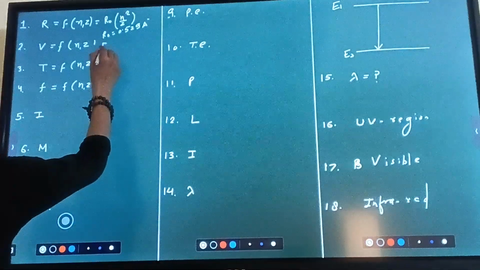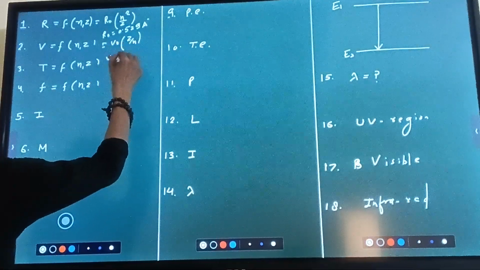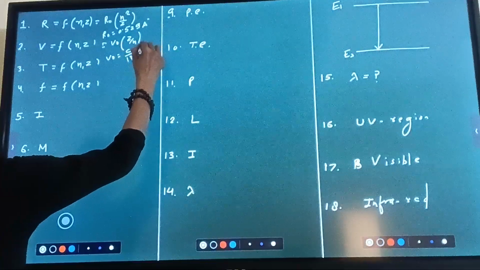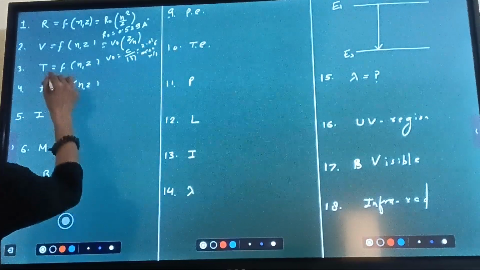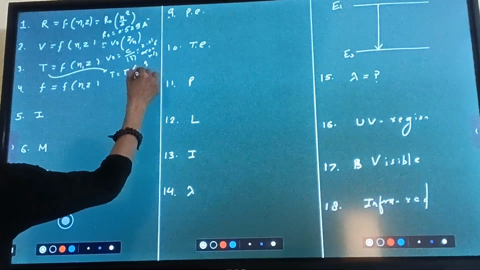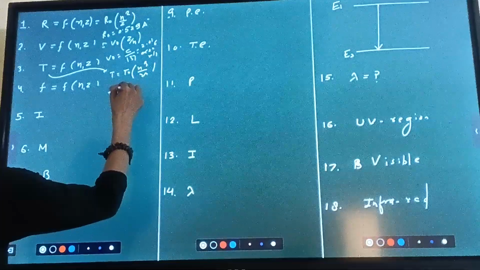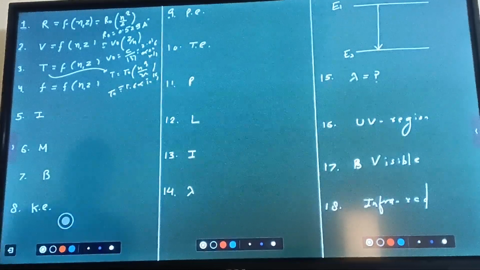So speed is v naught into z by n. V naught here is c by 137, which is equal to 2.18 into 10 to the power 6 meter per second. Then is the time. So time is equal to t naught n cube by z square. T naught here is 1.6 into 10 to the power minus 16 second approximately.